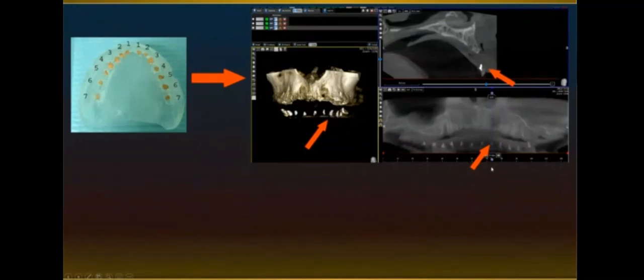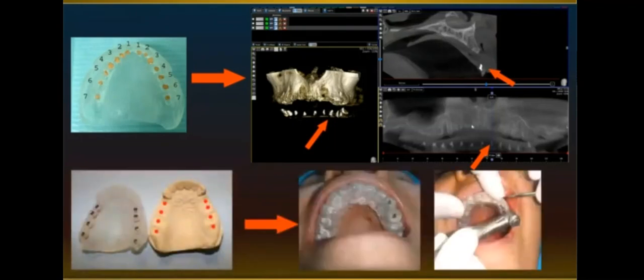And when I get the cross-sectional cut on this gutta-percha point, I can see the morphology or the shape of the bone at this site. Therefore, I could correlate between the gutta-percha point in the patient's mouth and on the CT scan. Now I can take my measurements here, and I'm sure that if I use this stent during the surgery, it will exactly allow me to drill in this clinical site that I have determined.